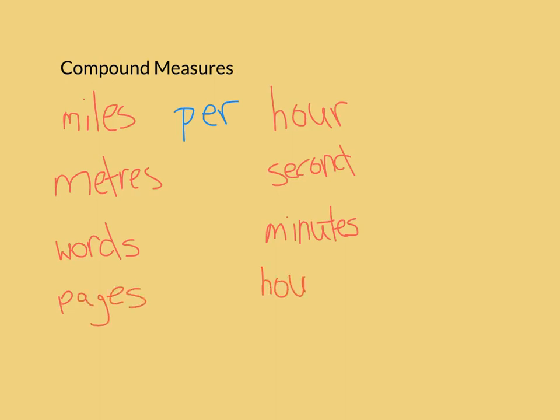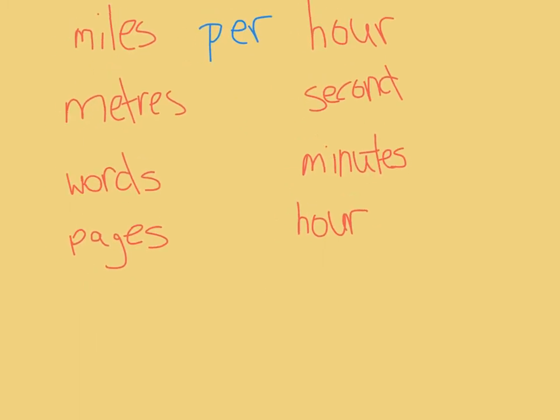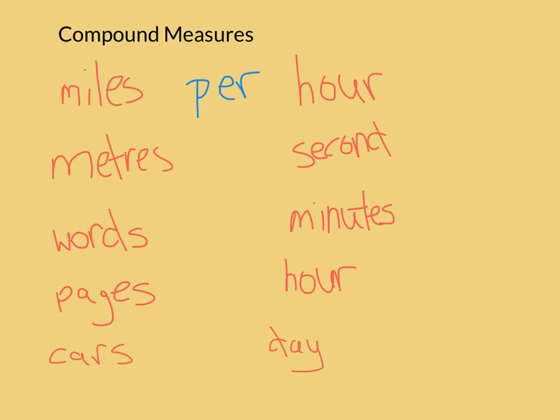These are all compound measures. We can kind of make it anything. A factory might produce so many cars per day. Absolutely anything like this can be made into a compound measure.